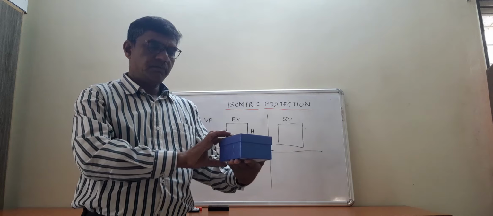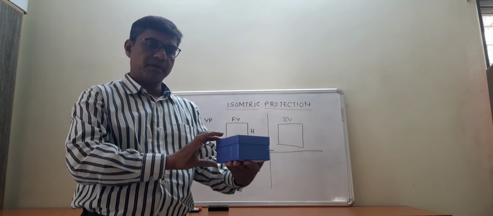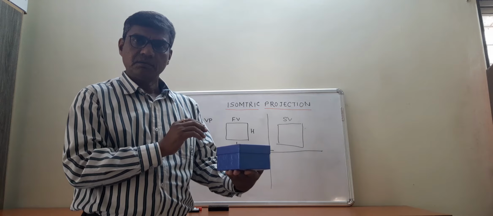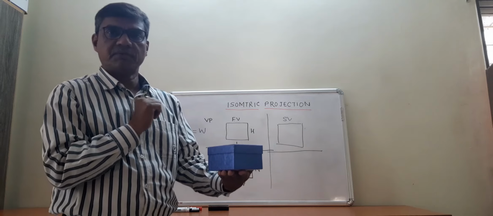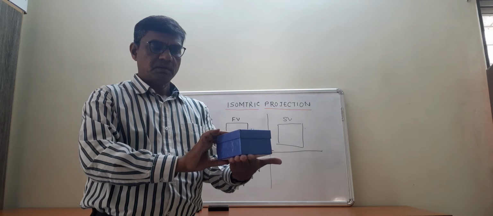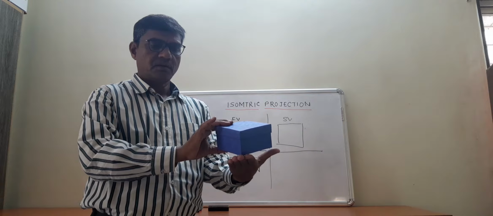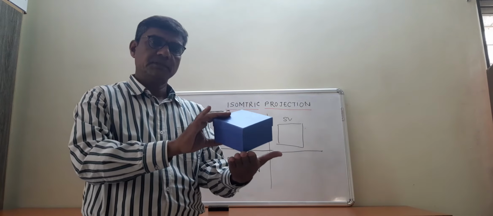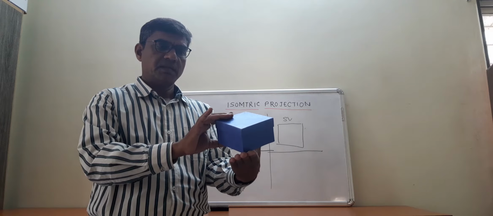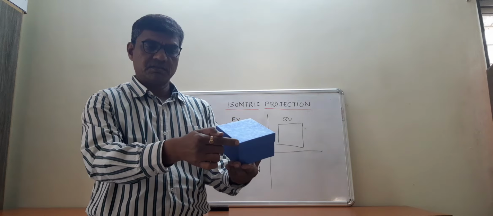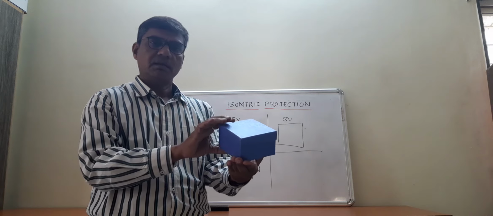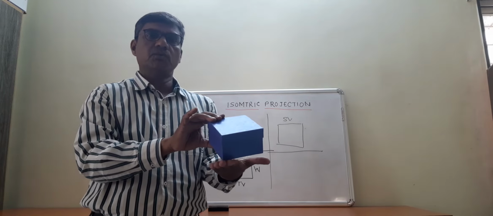Now if I further change the position of this cuboid in such a way that I want to see three surfaces of the given cuboid, in that case what we can do is rest this cuboid on one point of the bottom surface on HP, on the ground, in such a way that the diagonal passing through this point till the opposite end is perpendicular to the vertical plane.